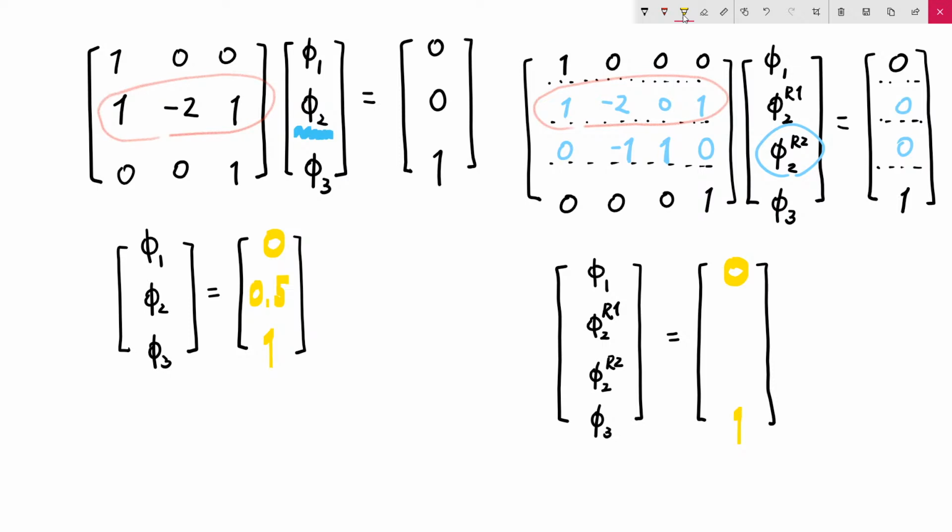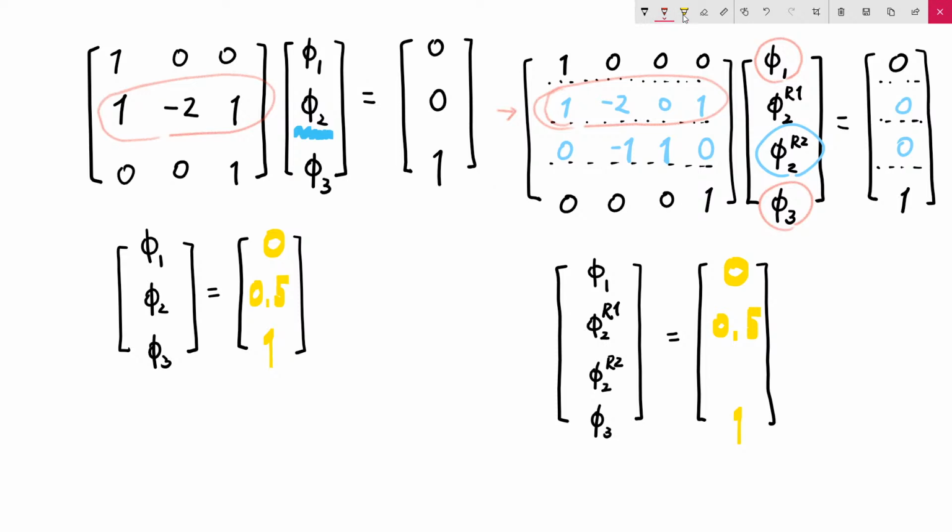If we consider the second equation, since this is none and this is none, we can again find that this becomes just 0.5.